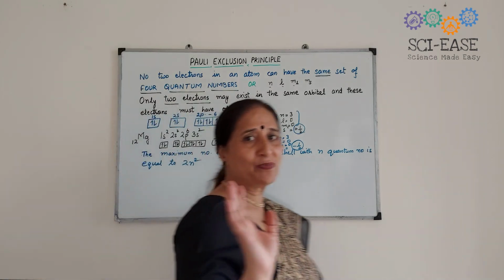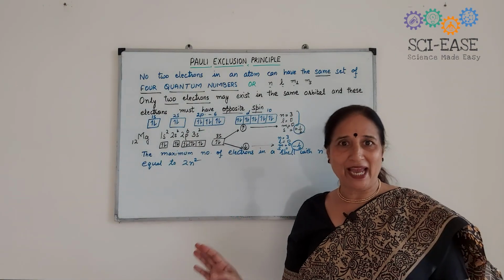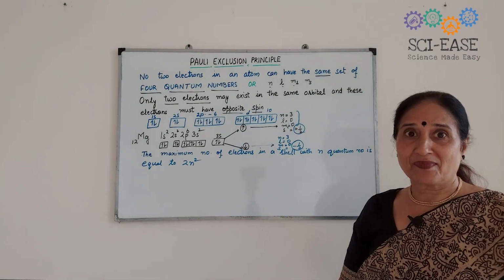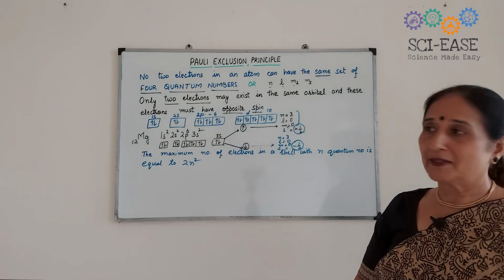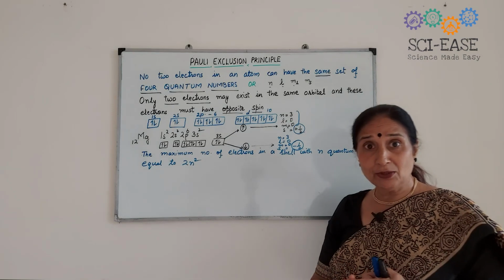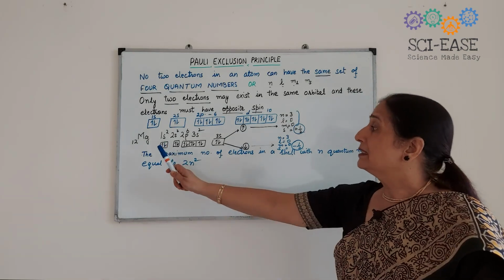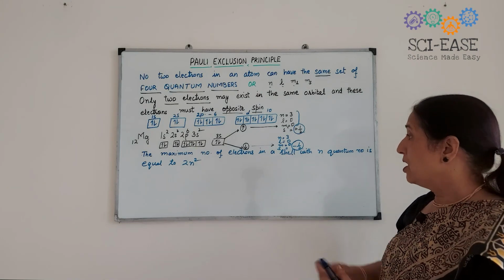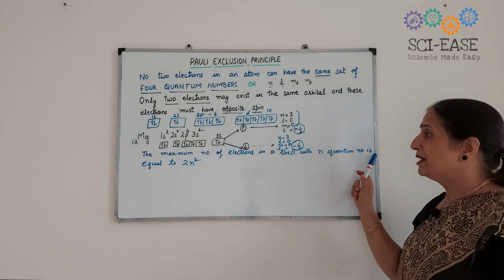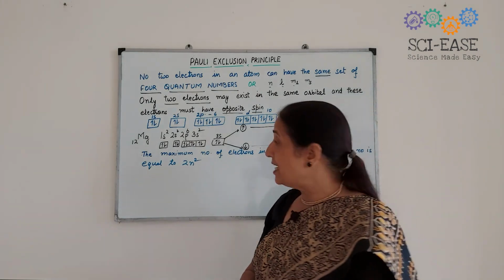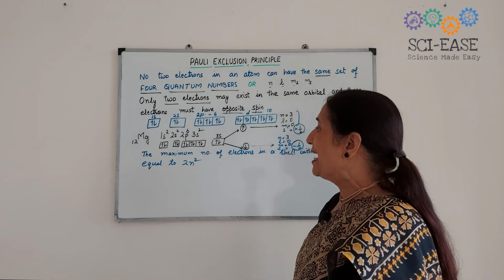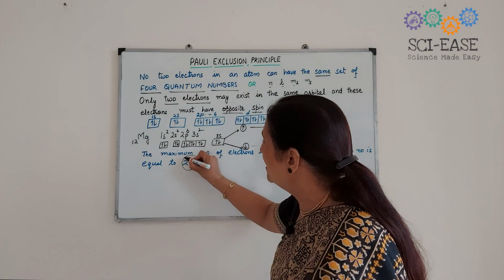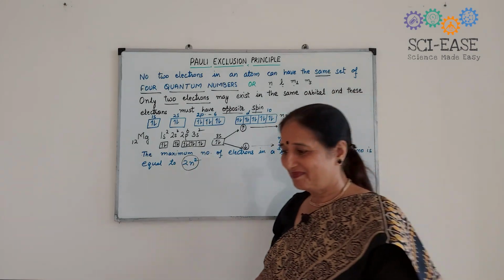You can take as many examples as you like. From all this discussion, we have concluded that the maximum number of electrons in a shell with quantum number n is equal to 2n square.